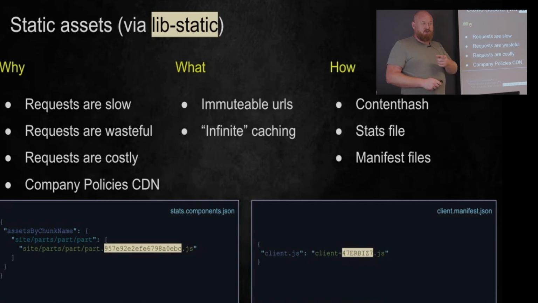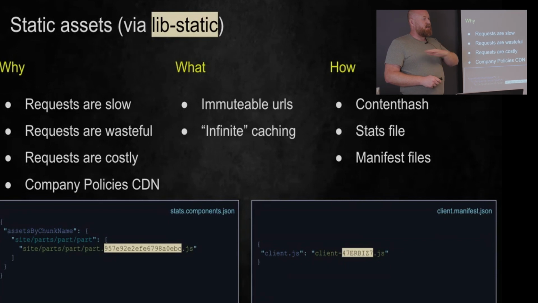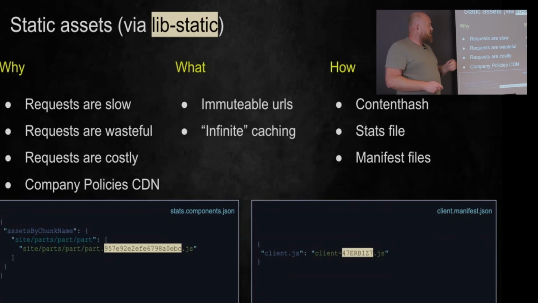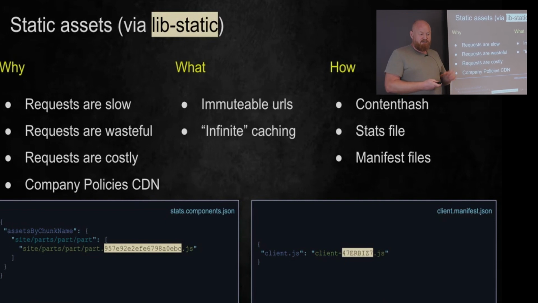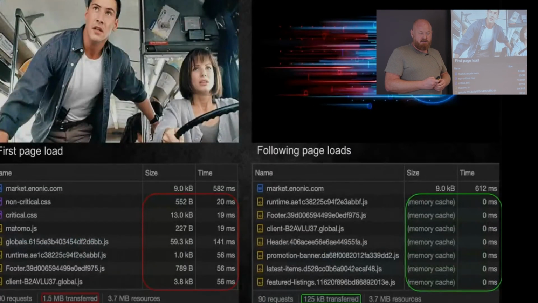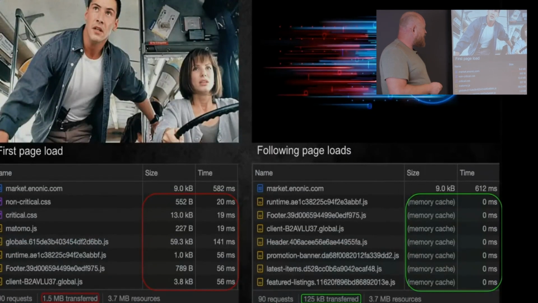And what's also cool, now we have done this in React4XP, but you can do this in any Enonic app by using lib-static. So you can set this up for yourself. So you have static assets.